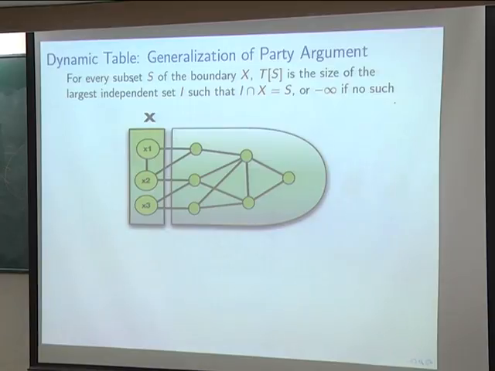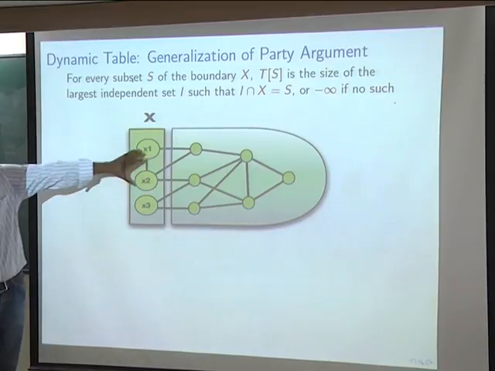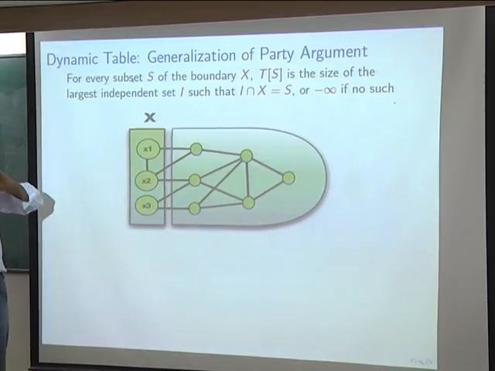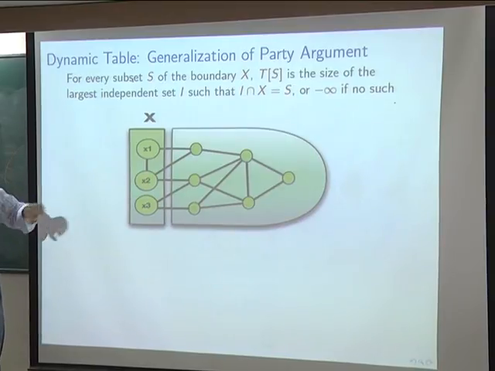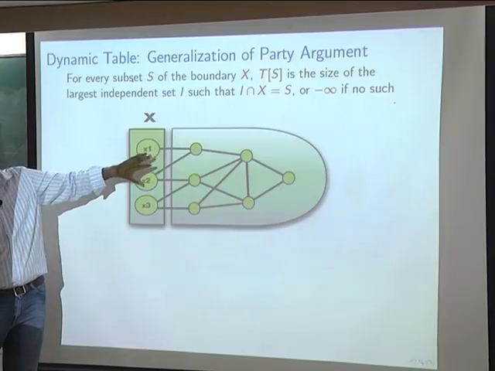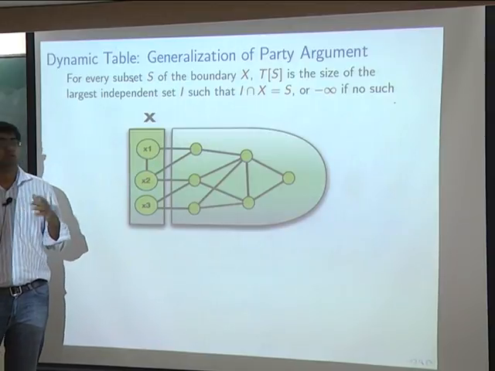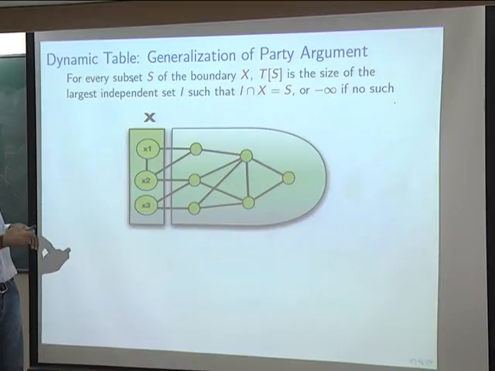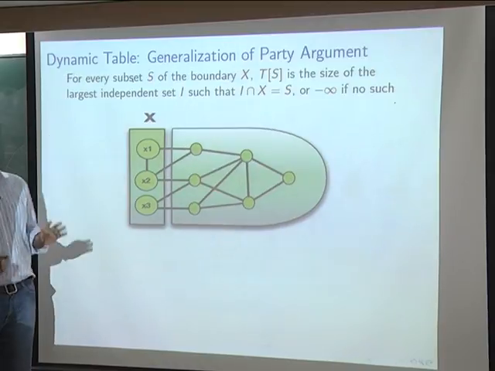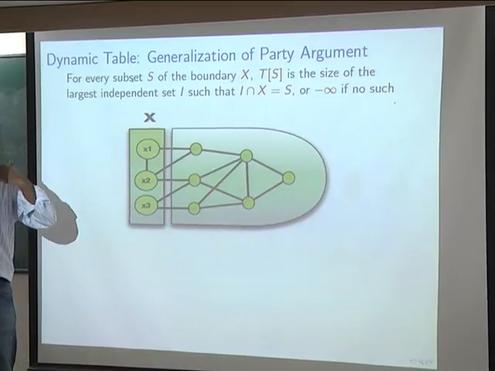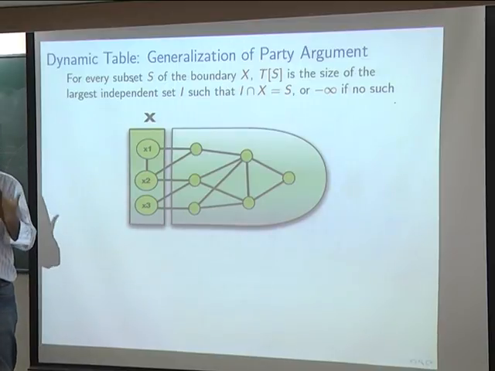So what we store now, for every subset S of the boundary, T of S is the size of the largest independent set I such that I intersection X equals S, or minus infinity if no such independent set exists. Okay? So what is my goal? I want to do the kind of dynamic programming table which we were trying to make before.